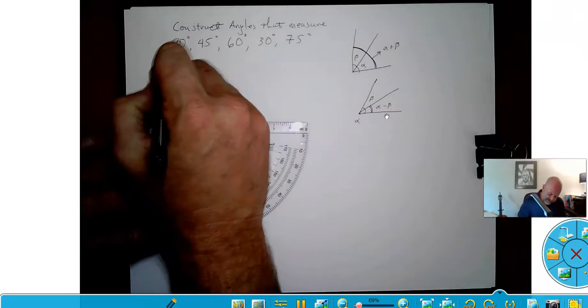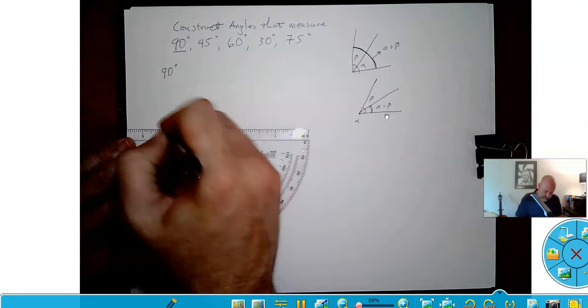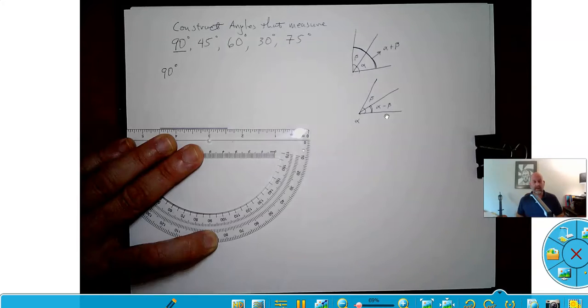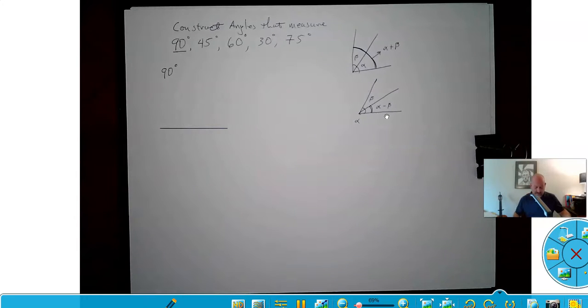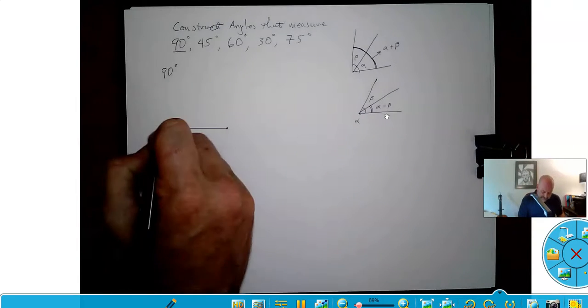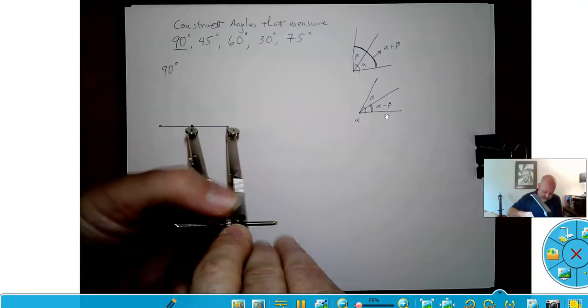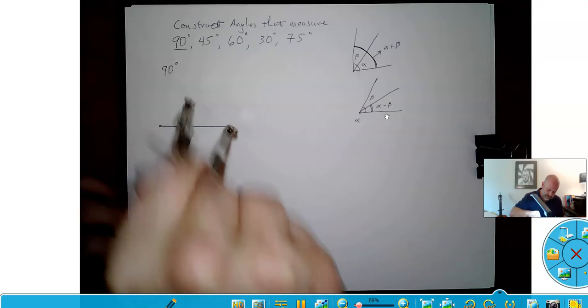So for 90 degrees, if I want to construct a 90-degree angle, all I really have to do is bisect a segment. Once I do that, I'm in the clear. Let's try this again here. Let's open that up just a hair more.